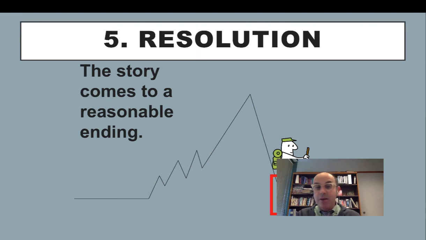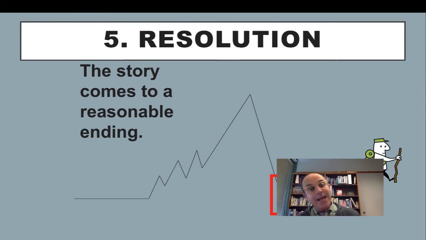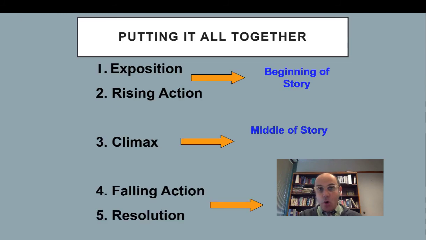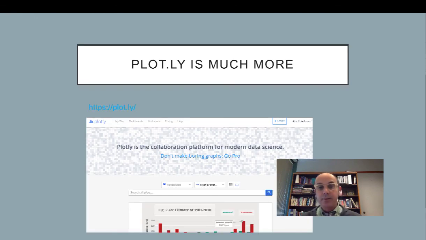And so this is the end of the story, or the resolution. So in this example, I try to show you that visualization can be converted into narrative in order for you to tell the story. You have the beginning of the story, you have the middle of the story, and you have the end of the story. You are going to put them together to tell a story.